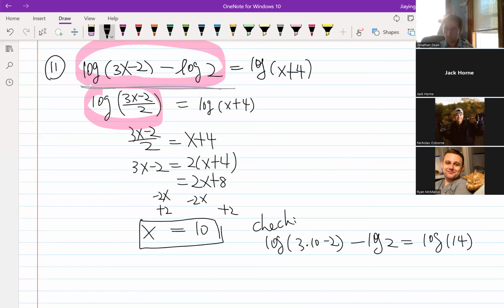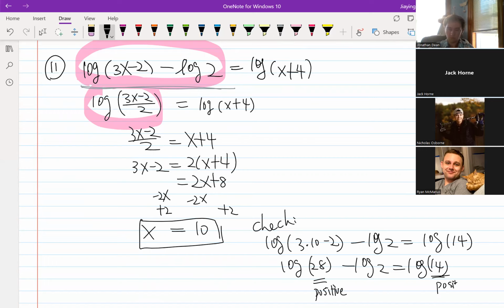And this is the log of 28 minus log of 2 equals log of 14. It is, but more importantly, we have a positive number inside each log. So if you have a positive number in there, chances are everything is going to work, and you don't have to worry too much about not having a solution at the end.